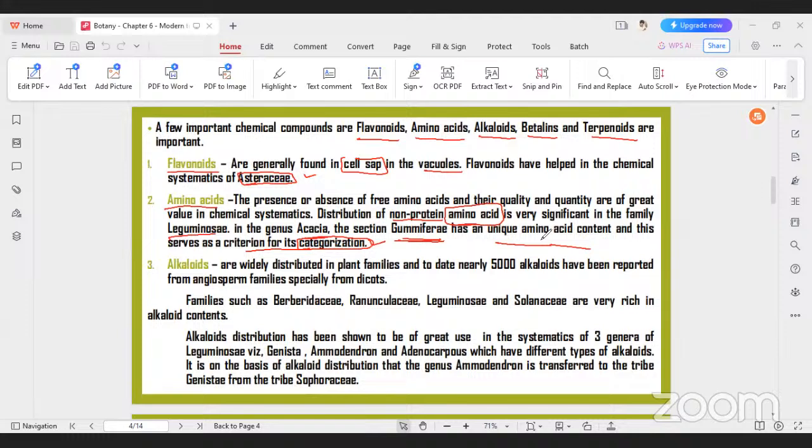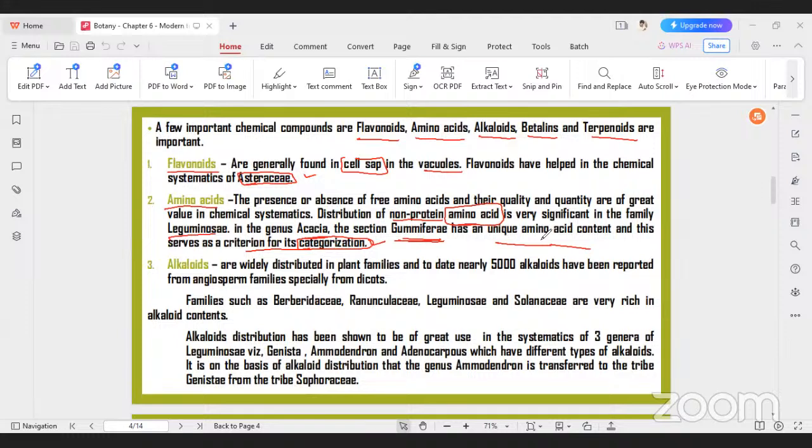Even though they occur rarely among plants, they render valuable taxonomic information. The familiar groups of compounds utilized in this way include alkaloids, phenolics, amino acids, terpenoids, essential oils, and carbohydrates.